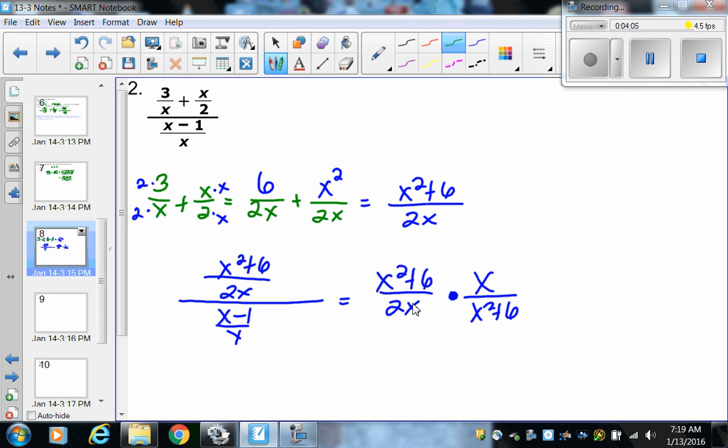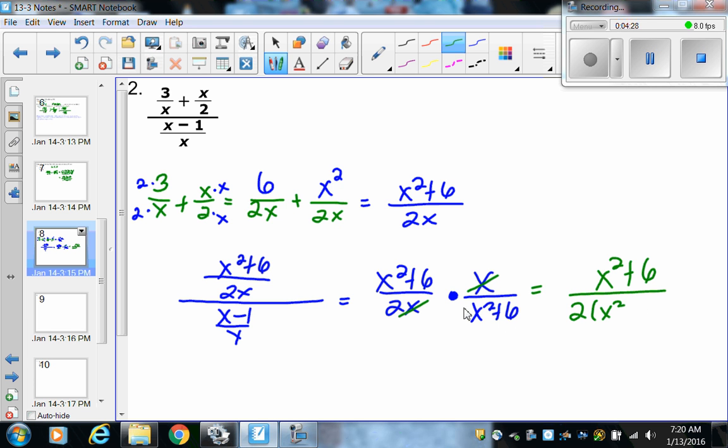If you notice that on the bottom there's an x and on the top there's an x, since there's an x on the bottom and an x on the top, I can go ahead and cancel those two x's out. So up top I just have x squared plus 6. On the bottom, I have 2 times x minus 1.